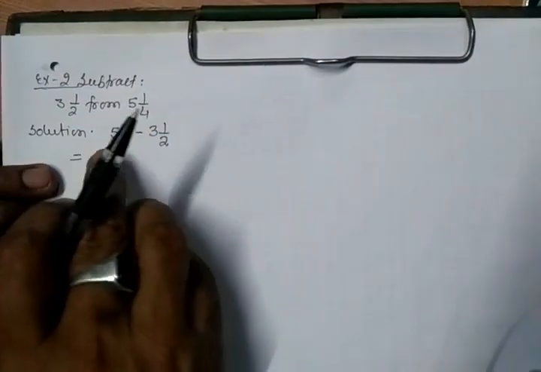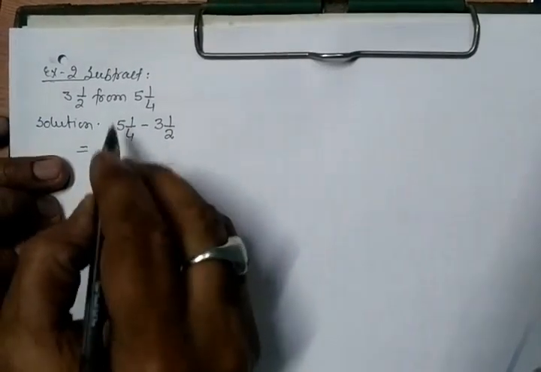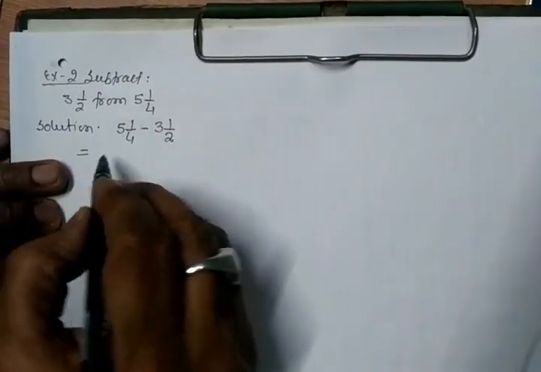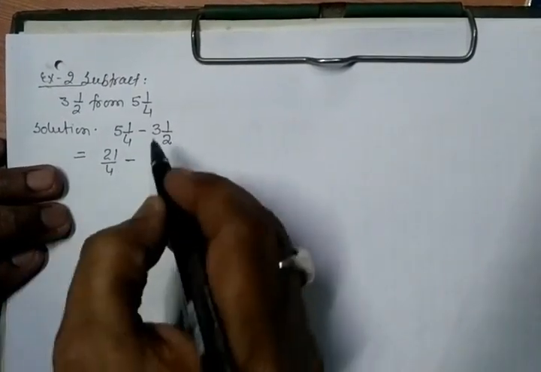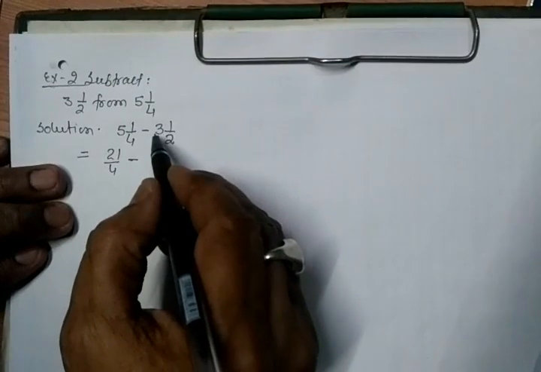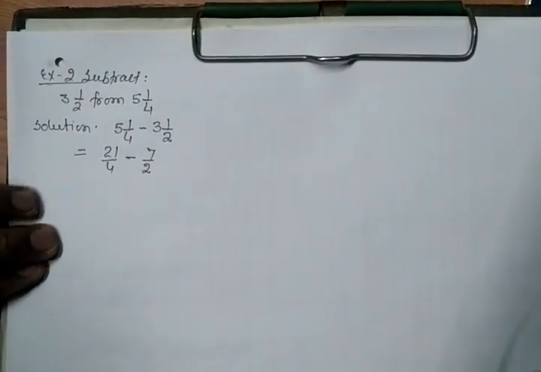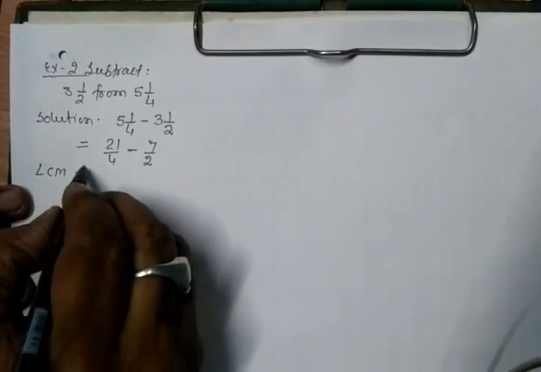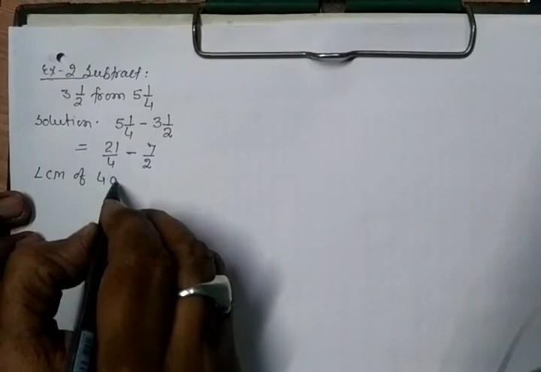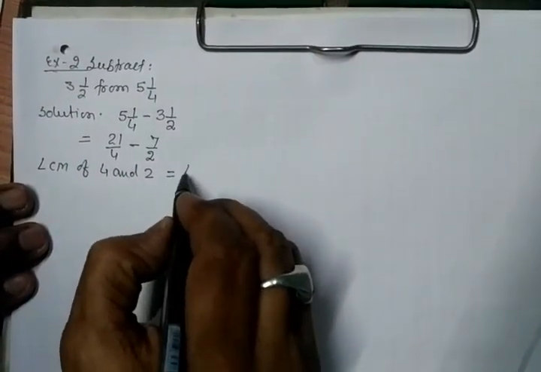First we change the mixed fractions into improper, that is 5 4s are 20 plus 1, 21 upon 4, minus 3 2s are 6 plus 1, 7 upon 2. Then we take the LCM of 4 and 2, that is 4.